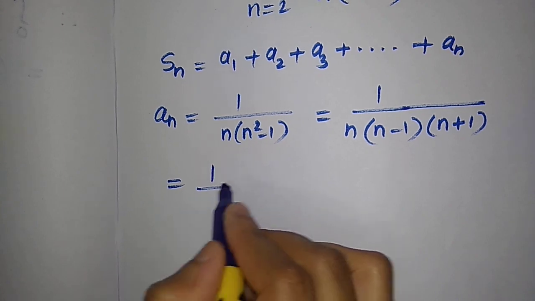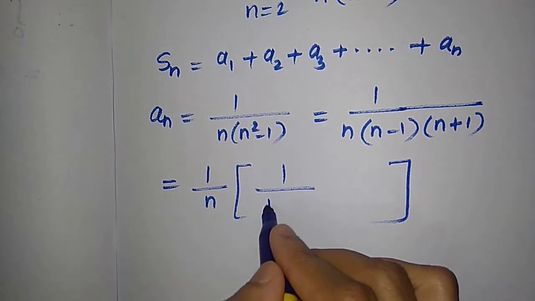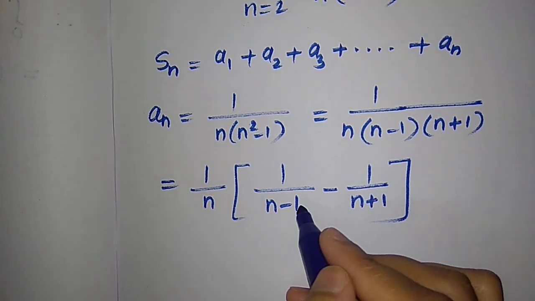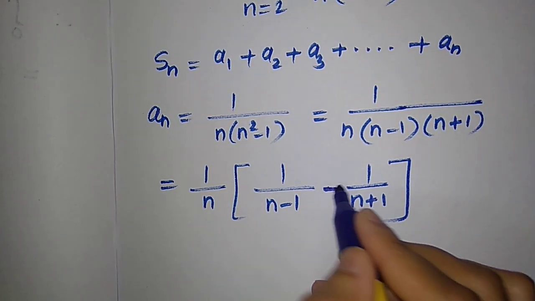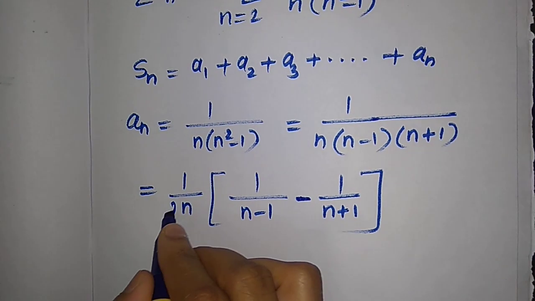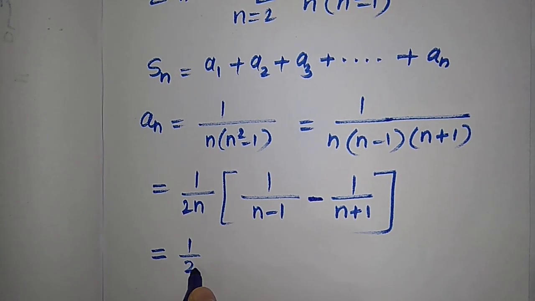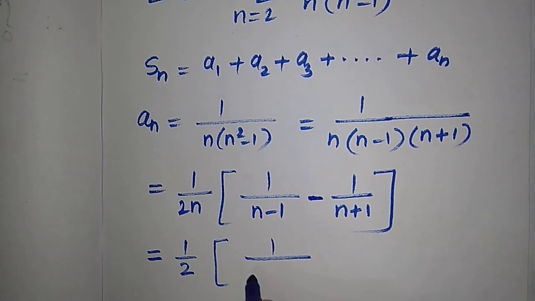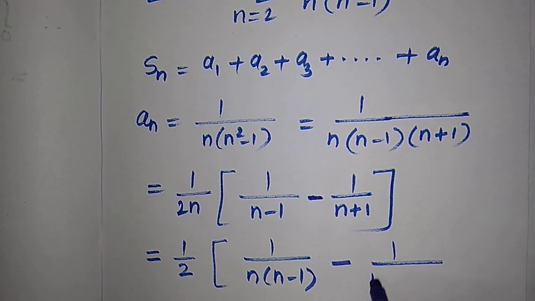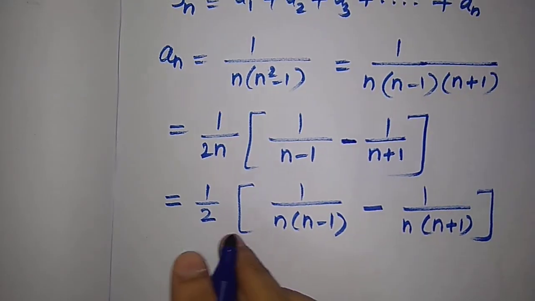It is just equal to 1 upon n into, just adjust these terms, n minus 1, n plus 1, divided by 2. Now this is equal to 1 by 2 into 1 upon n into n minus 1 minus 1 upon n into n plus 1. So this is our an.